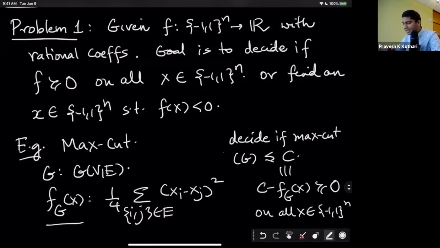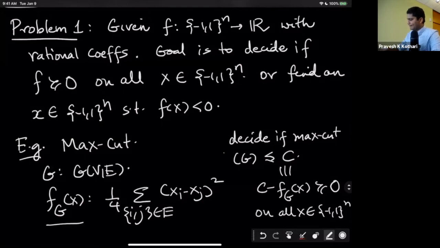Testing if C minus f_G(x) is non-negative is basically equivalent to deciding if the max cut in G is at most C. So if you could solve this problem, then you can solve max cut. In particular, problem 1 is NP-hard, but we're going to look at what we can do about it, when we can approximate it, and things like that.